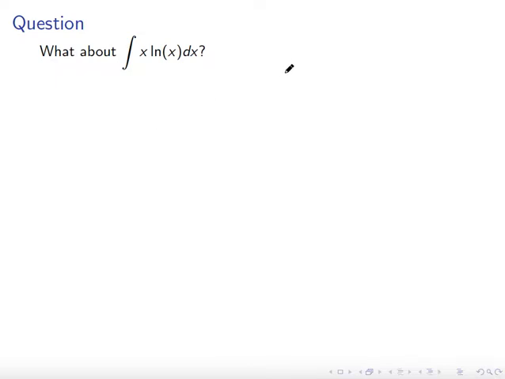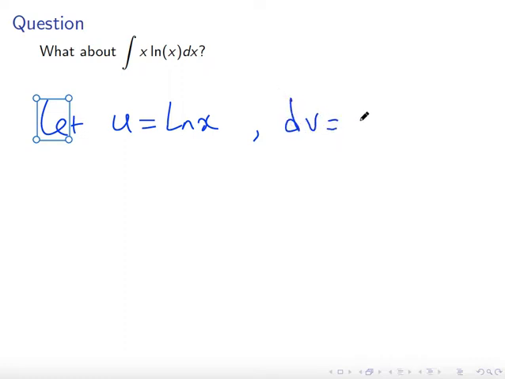Because if you use the invisible one method, you will see that you're not going to end up with any answer. You can try it and see. It will make the integral more complicated. So here, the way that we're going to deal with this integral, you let u be ln of x, and you let dv be x dx, and then you continue with this.